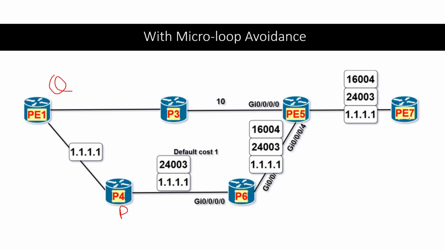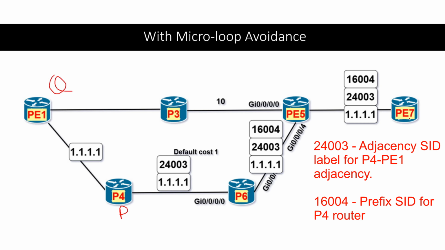So here, if we talk about the traffic engineering tunnel, it figures out that P4 is the P node and PE1 is the Q node. It knows that if you forward information to P4, definitely it is going to reach PE1 via the adjacency-sid.